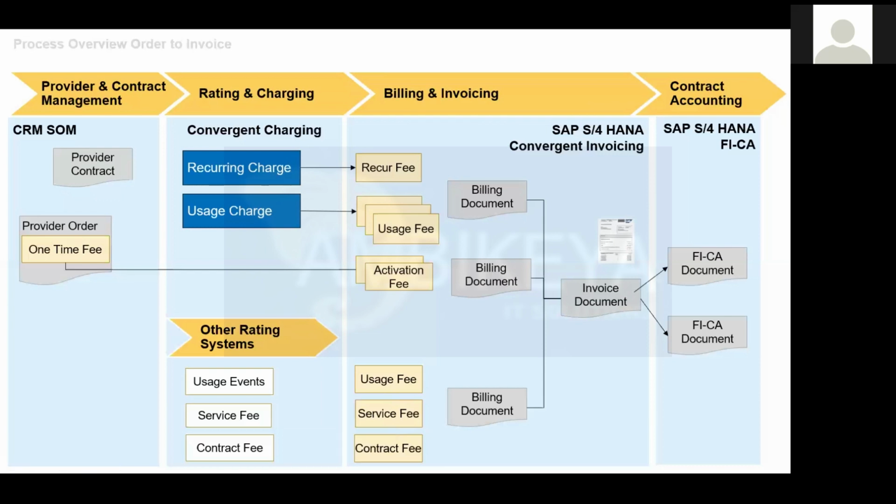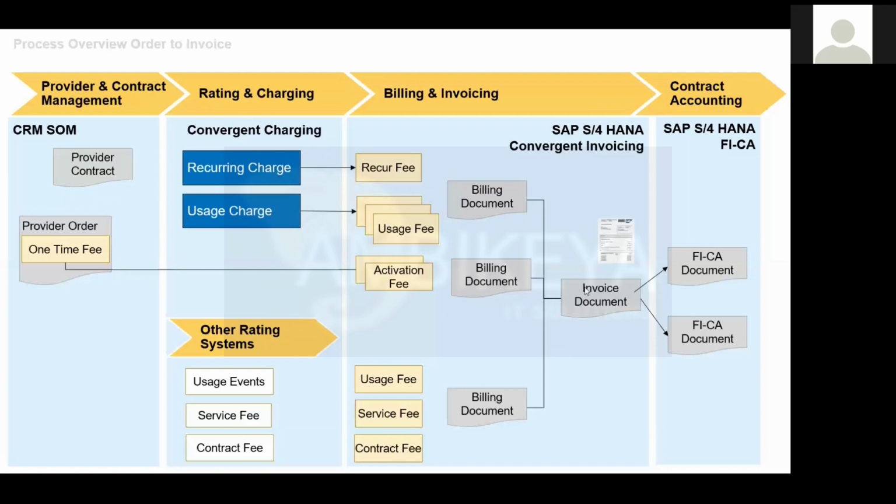In convergent invoicing, we have then two steps to aggregate the volumes of billable items. We have the first aggregation step, which is a billing aggregation, and the next step is then the invoicing. So that is a reason why we have here different documents, the billing document and the invoicing document.